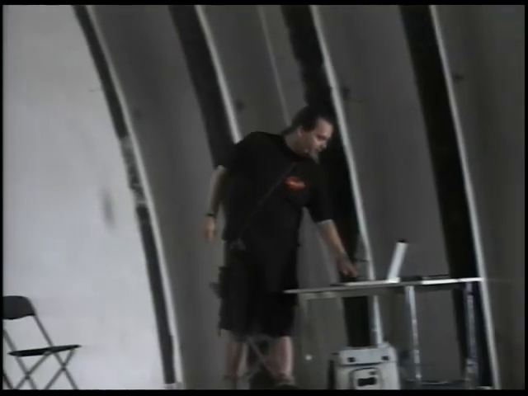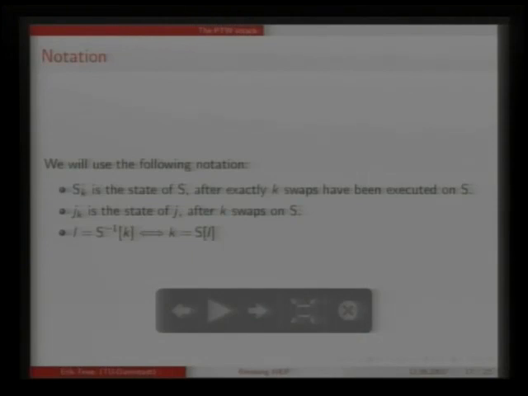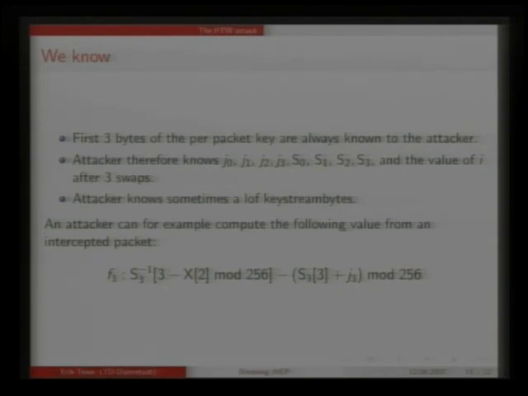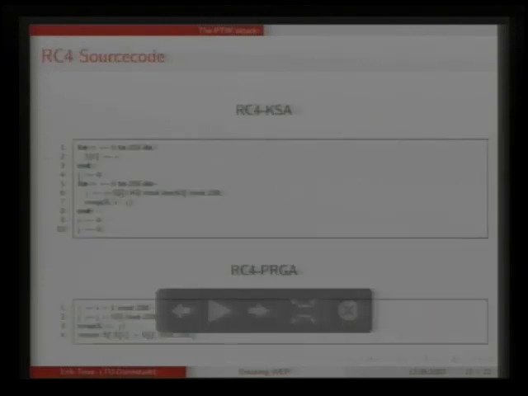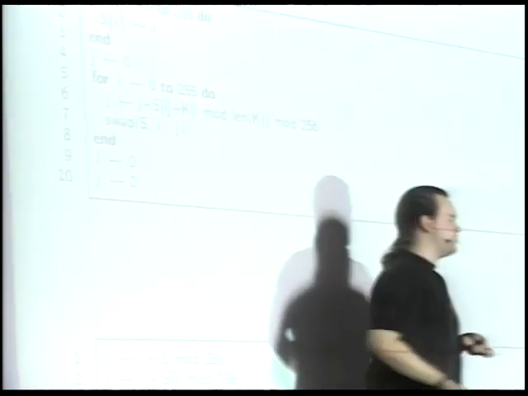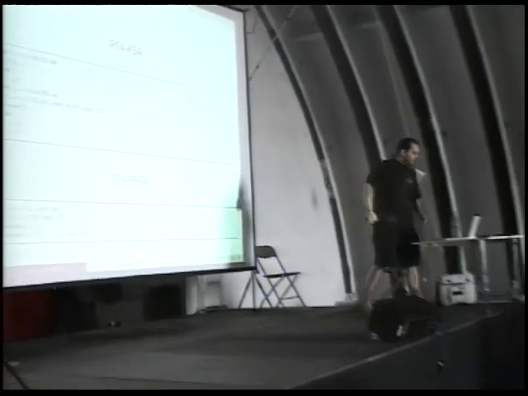And we will have to look at the swaps which happen inside S. In a WEP scenario, we know that the key used for a packet always consists of a 3 byte initialization vector and a secret root key, which means that an attacker always knows the first 3 bytes of the key which is used to encrypt the packet, and he can therefore look at the first 3 swaps in the RC4 stream cipher, because the first 3 swaps which are executed here only depend on K0, K1, and K2, which are the first 3 bytes of the key, which are the initialization vector in WEP mode.